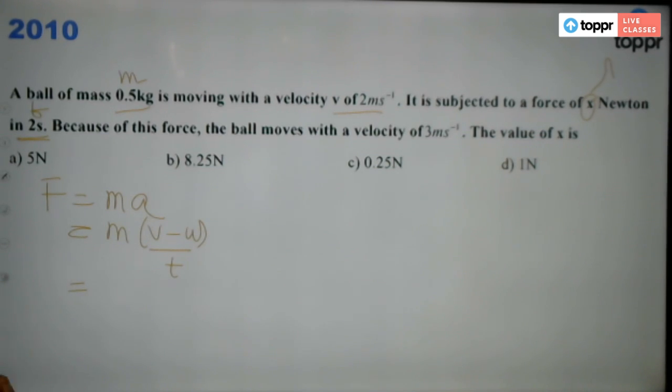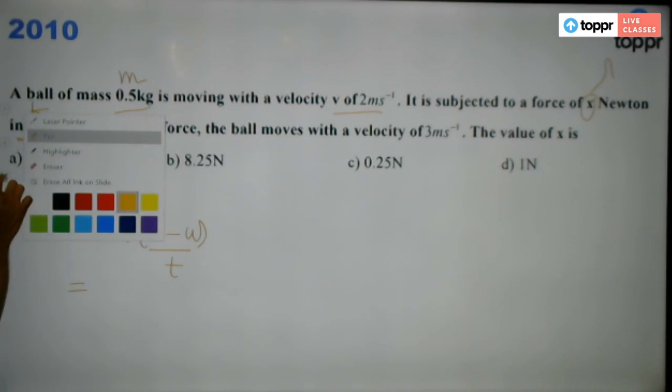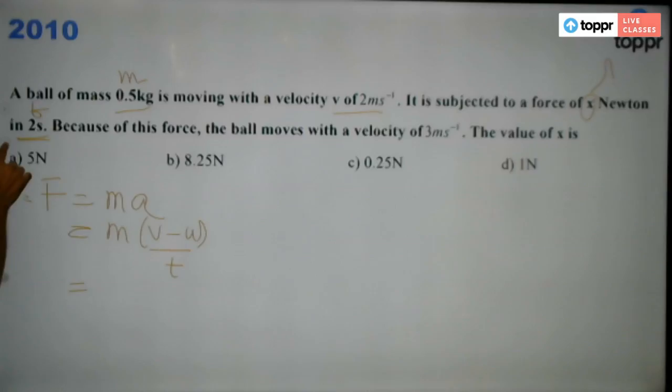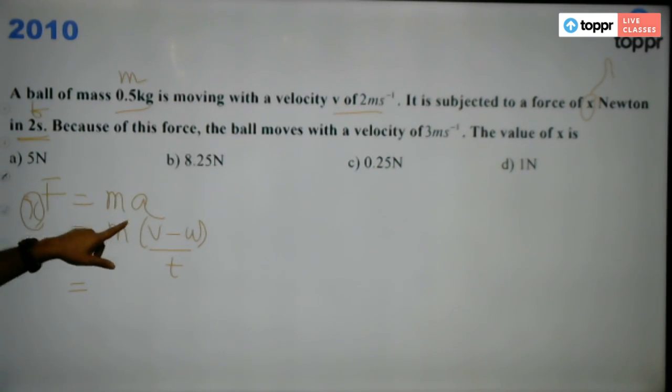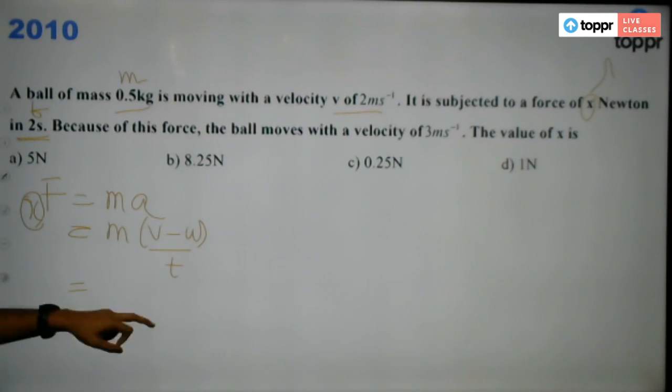The force we are finding out, I can just call it X. So F equals m into a, that is m times v minus u by t. t is the time.